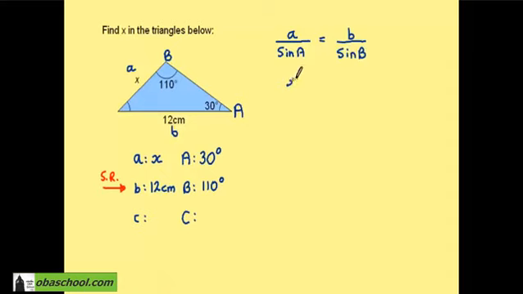Substituting in, we have x over the sine of 30 degrees is equal to 12 divided by the sine of 110 degrees.